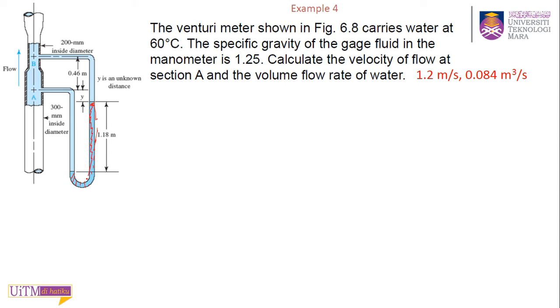Dia kata dia bagi 1.25. So you can find the rho lah. Calculate the velocity of flow at section A, VA, and the volume flow rate of water. So dia nak juga Q.